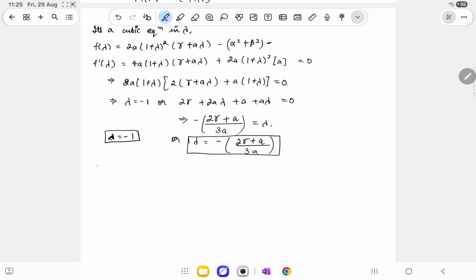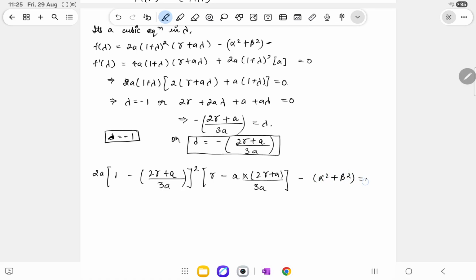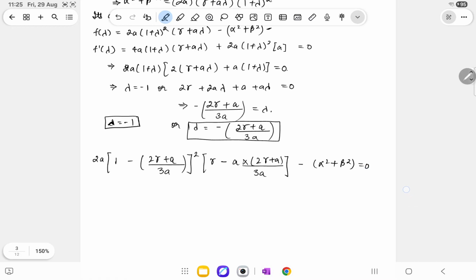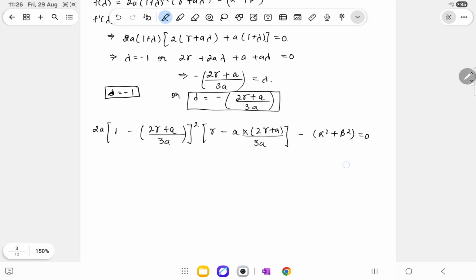If I substitute it in the original equation, I'll get 2a into 1 minus 2 gamma plus a upon 3a, whole square, into gamma minus a into 2 gamma plus a upon 3a, minus alpha square plus beta square, and that must be equal to 0 because I am assuming that it is a root of f lambda.